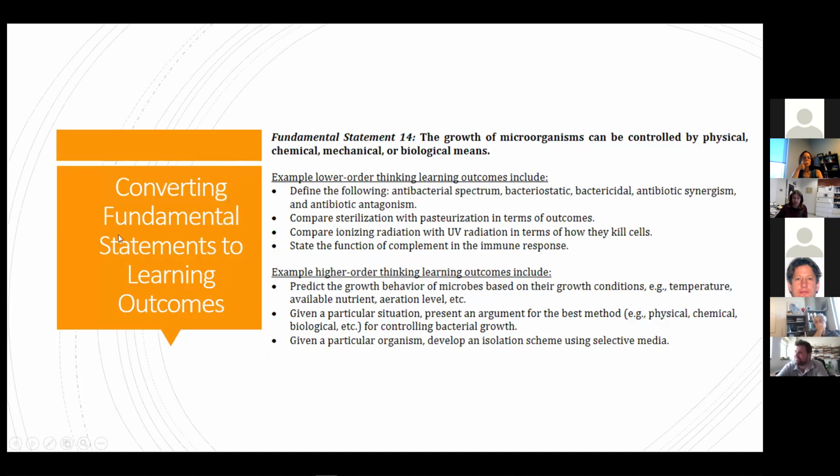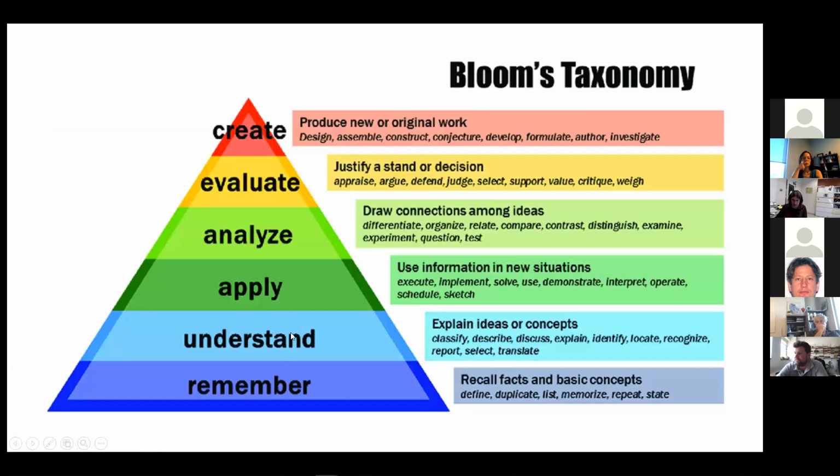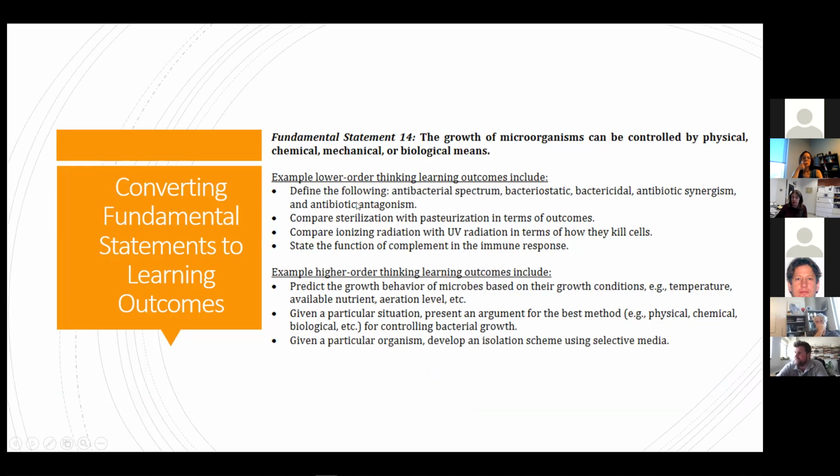So converting the fundamental statements, I've picked on fundamental statement 14, which says the growth of microorganisms can be controlled by physical, chemical, mechanical, and biological means. So the lower order learning outcomes would be, you know, state, define, compare in terms of outcomes.